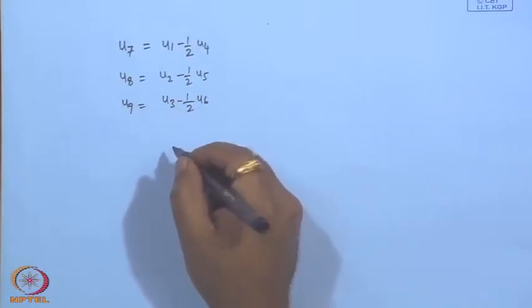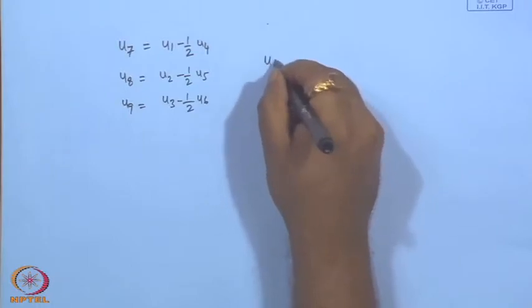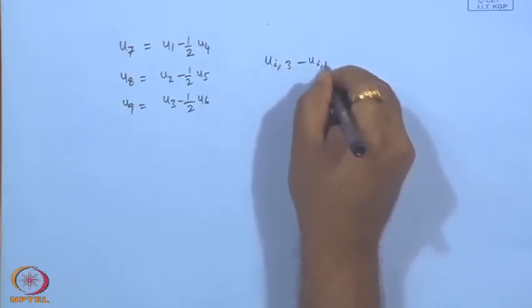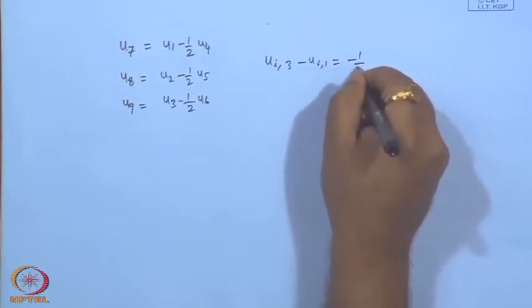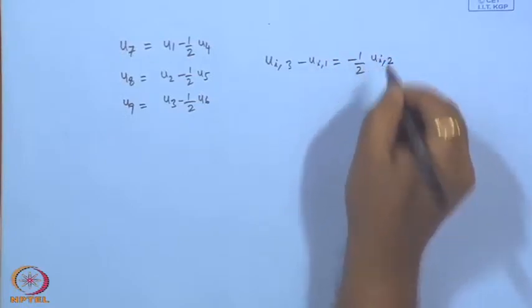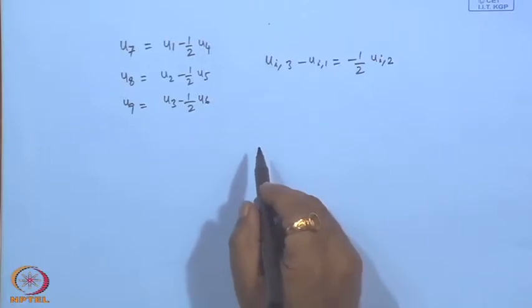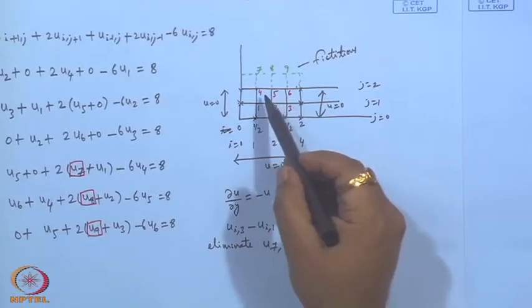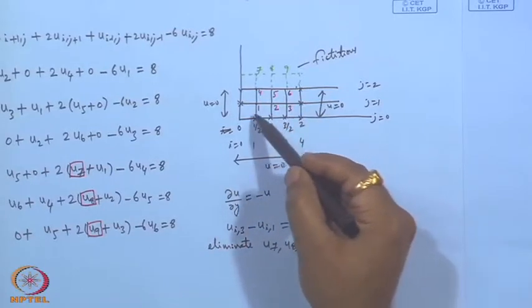So, from where we have eliminated? We have eliminated from u I 3 from here, okay, and remember from here, okay.